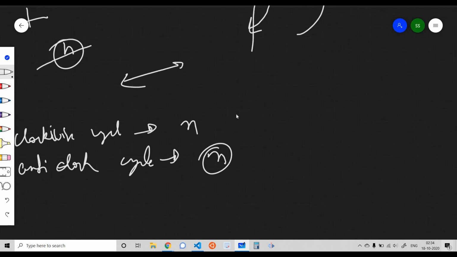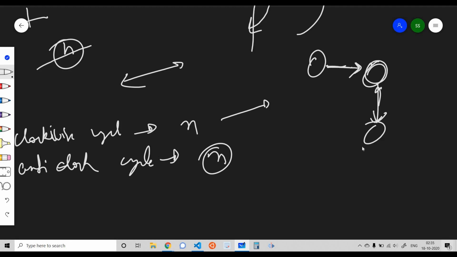And how can we check that? We will start from any node and see if there is an edge from left to right to its adjacent node, which is to the right of it. We move to that node, and even if it is a bidirectional edge, we also move to its adjacent node. And at the end, if we are able to reach the same node again, then we can say there is a clockwise cycle.